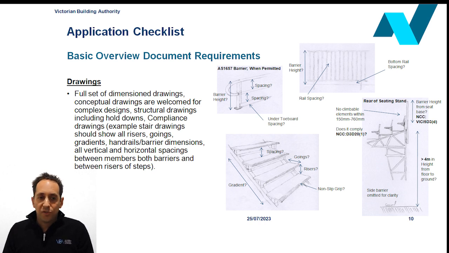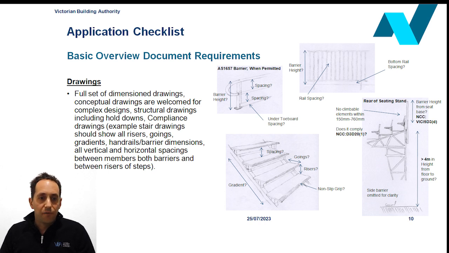One of the examples that catches most applicants out is the seating stand requirements for barriers which abut the seat. More commonly, the requirements for the rear barriers against the back row of the seats.